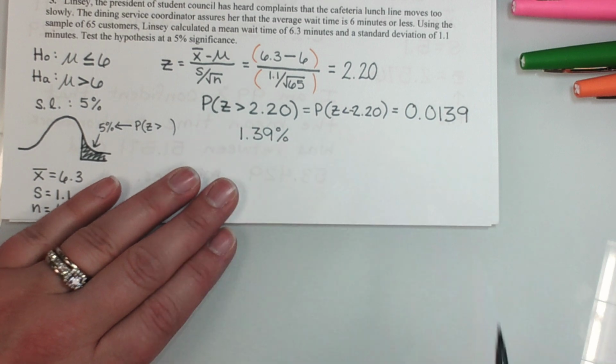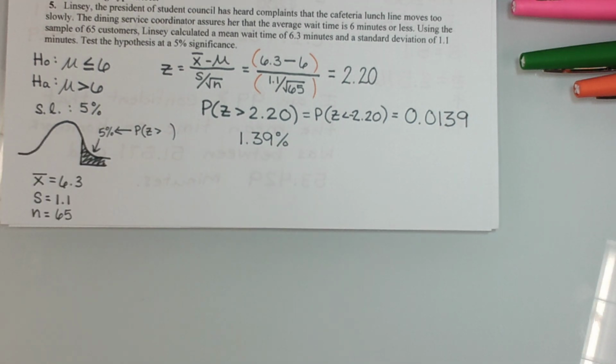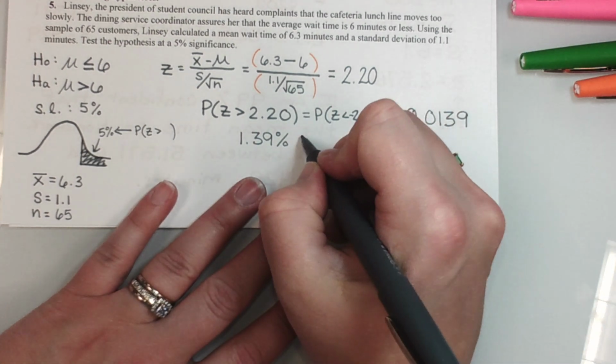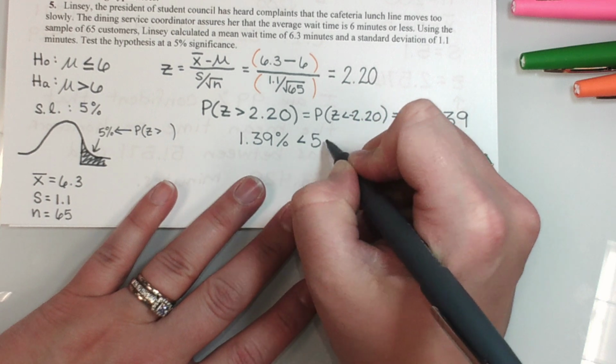That means the likelihood that Lindsay got the result of 6.3 minutes with the standard deviation of 1.1 is a 1.39% chance of the expert being right and her getting those results. Is that particularly likely? No. We compare it to our significance level. What was our significance level again? 5%. Would you agree that 1.39% is less than 5%?